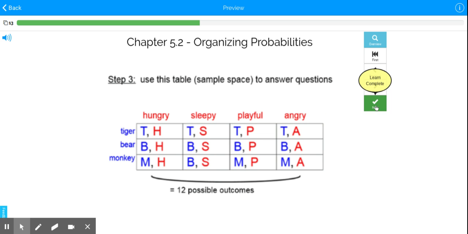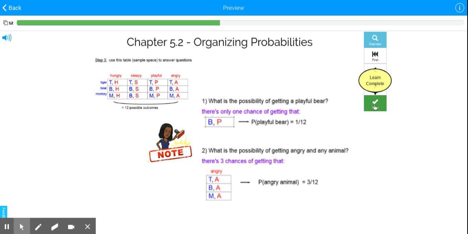Okay, now we're going to use this table to answer some questions. So you have 12 possible outcomes. How did we get that? We literally counted all of these. 3 times 4 gives us 12. All right, so what is the probability of getting a playful bear? A very playful bear. I hope it's a stuffy.